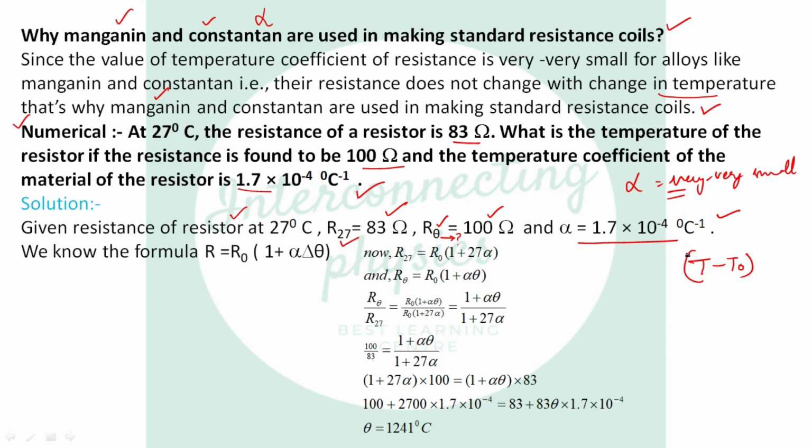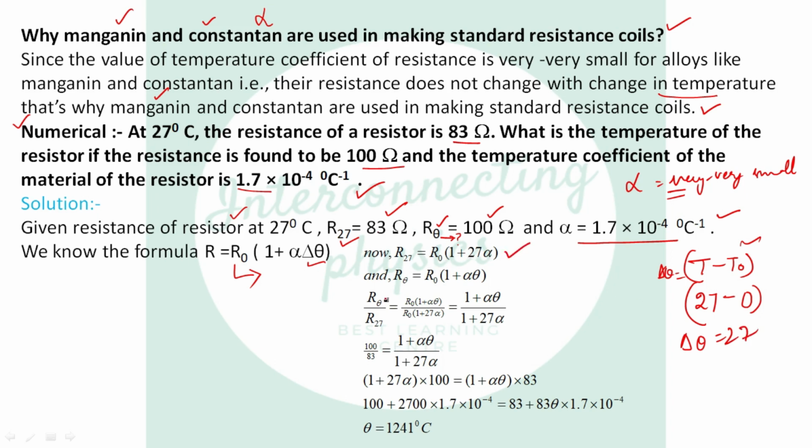So this equation for 27 degrees Celsius can be written as R27 = R0(1 + alpha delta theta). Generally we take T0 as 0, so delta theta will be 27, and we can write R0(1 + 27 alpha).